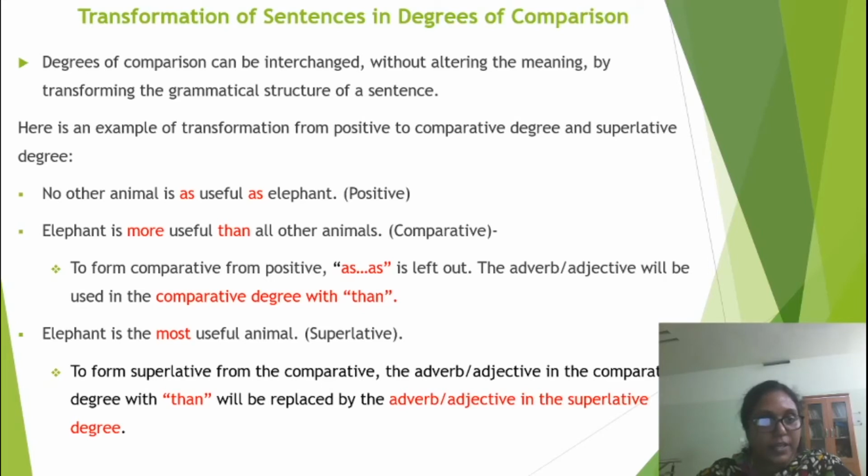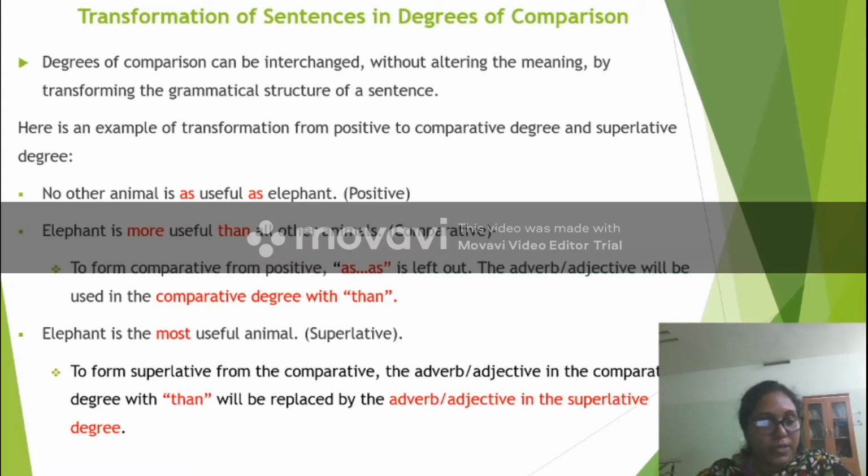So the comparative degree is: elephant is more useful than other animals. As useful is a polysyllabic word, we form the comparative degree by adding more to the word.